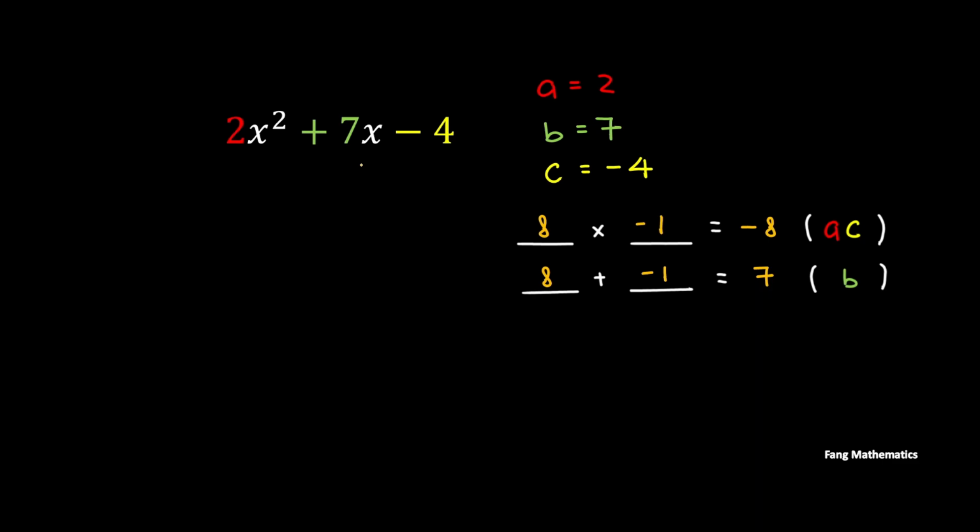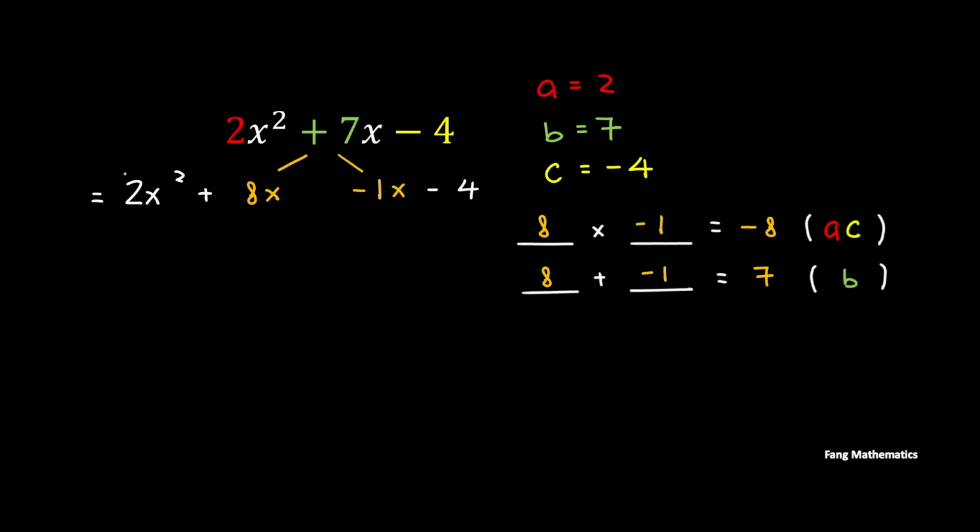We are to break the linear term apart, 8 and -1, attach x to each term, and copy everything else back into the expression. So I have 2x squared plus 8x minus 1x and minus 4.